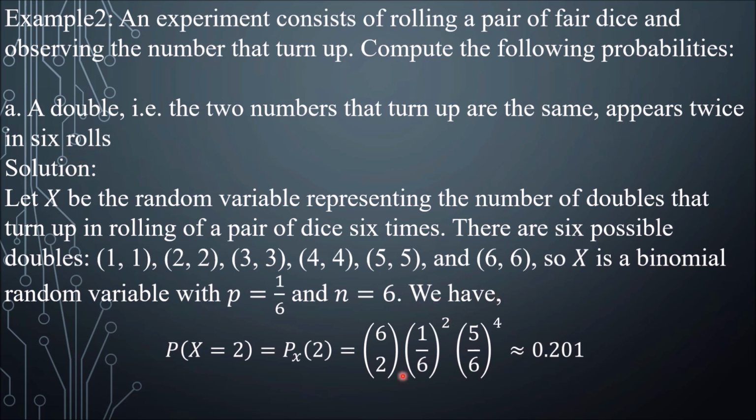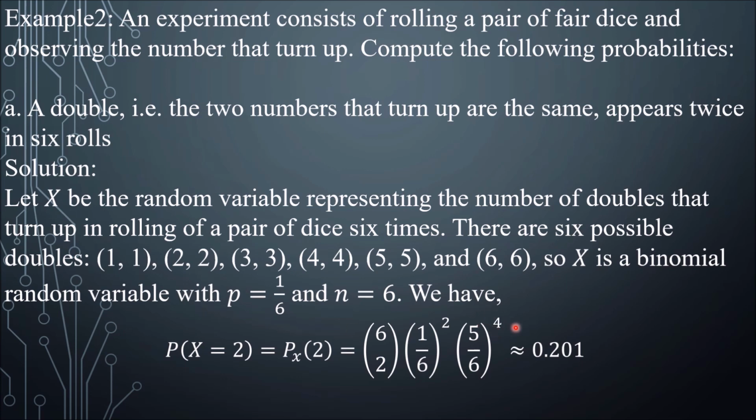So we have this probability of 2 because it says here appearing twice. So 6 taken 2 times the probability 1 over 6 raised to 2 times 1 minus 1 over 6, which is 5 over 6, raised to 4 because 6 minus 2 is 4.